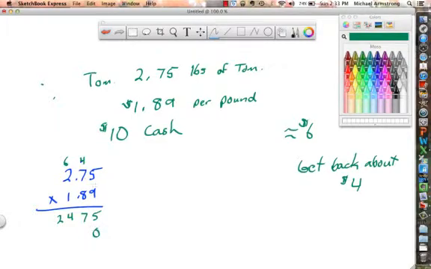Okay, add a 0. 8 times 5. Let's change colors again. 8 times 5 is 40. 8 times 7 is 56. So that's 60. 8 times 2 is 16. So that's 22.